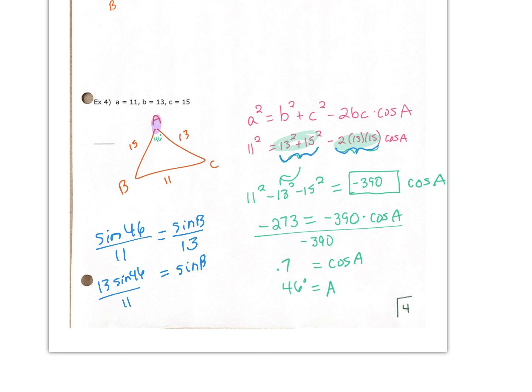You get a long decimal, you're going to do inverse sine, and you get that angle B is equal to 88 degrees. And then from there you can subtract from 180, and you should get that angle C is equal to what? Let's see, 76 degrees. If you've done the work, once you've gone through, okay?